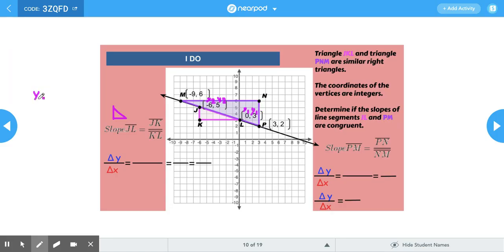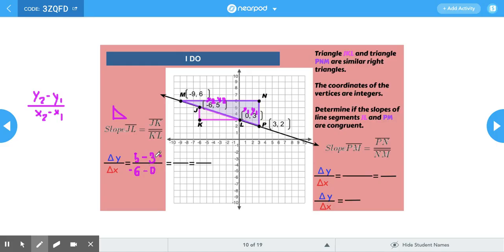So again, we're using the equation y2 minus y1 over x2 minus x1. So our y2 is 5, our y1 is 3, then our x2 is negative 6, and then our x1 is 0.